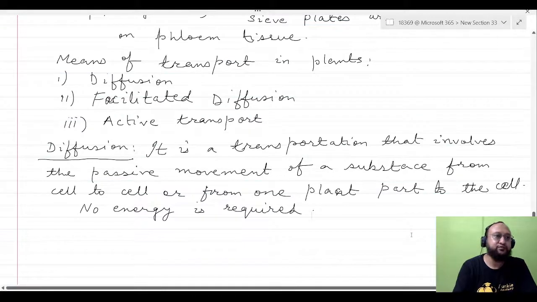Now, substances or molecules move from higher concentration to lower concentration.